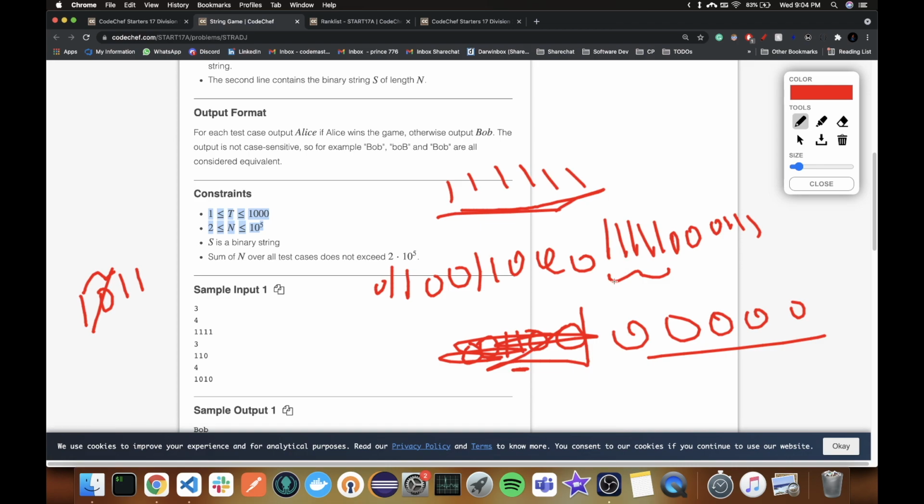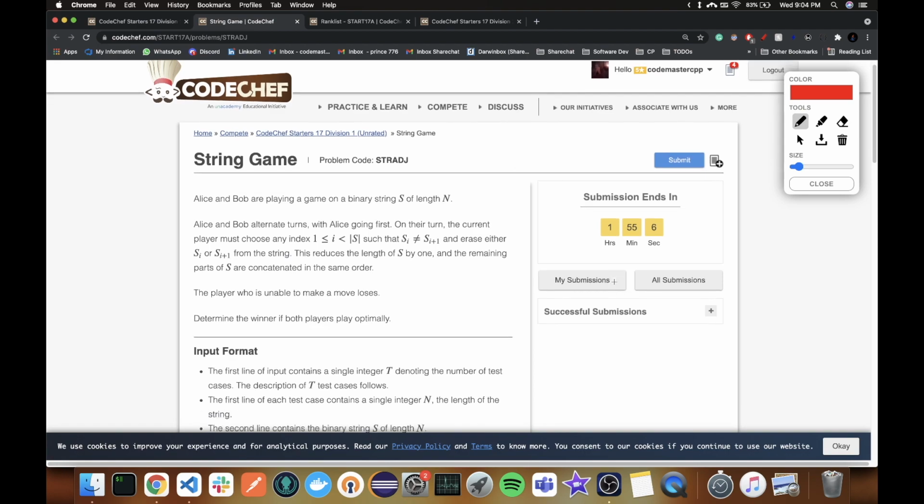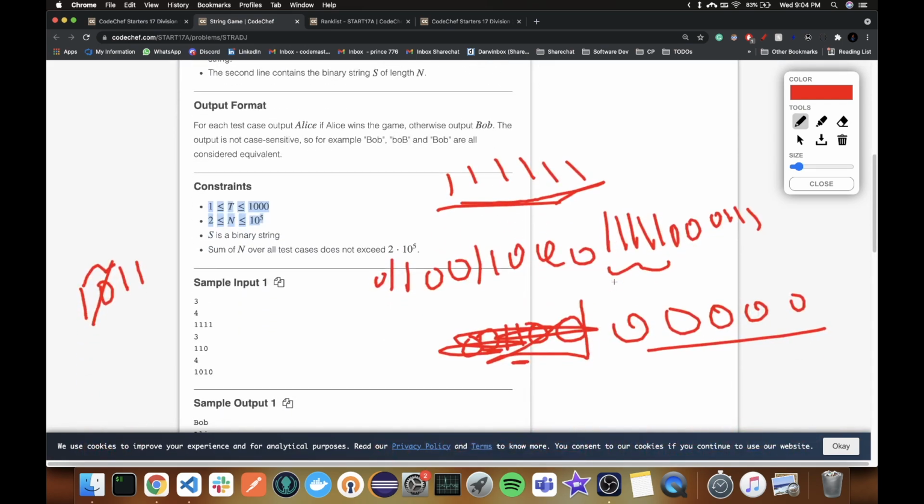So what observation do I get? Both players are playing optimally.